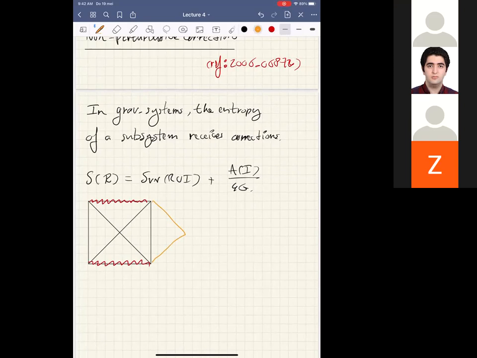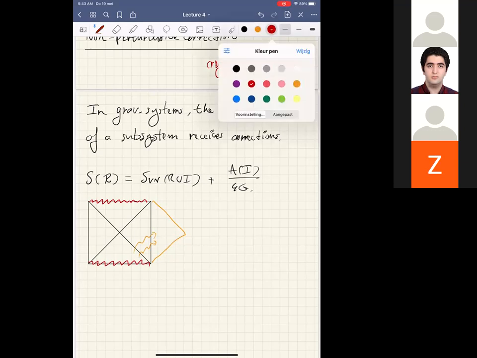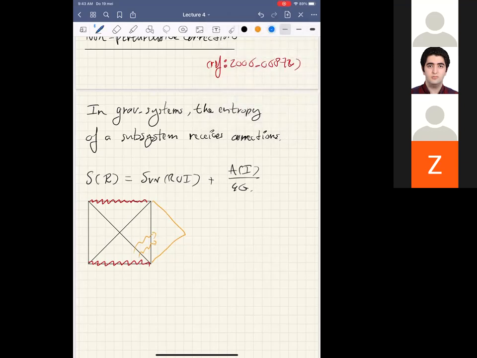That is a necessary condition in order to make precise what we mean by having this subsystem and this vectorization of the Hilbert space. So we can have radiation coming from the black hole, which we decide to collect in some particular region R in the flat space region, also typically referred to as the bath region.